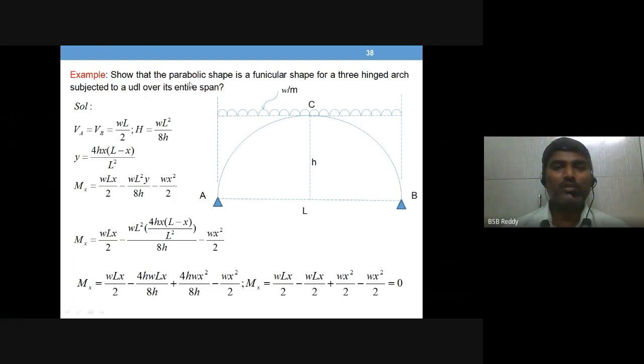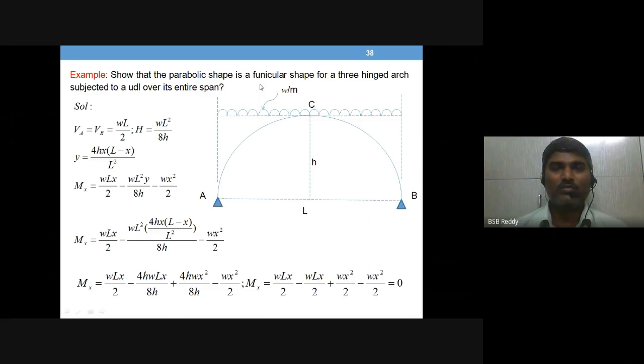Show that the parabolic shape is a funicular shape for a three hinged arch subjected to a UDL over its entire span. The question, if you can read it carefully, says that the parabolic shape is a funicular shape for a three-hinged arch subjected to UDL over its entire span.